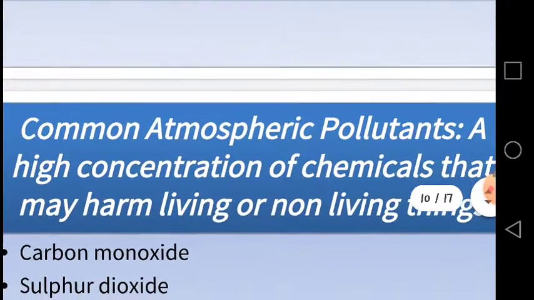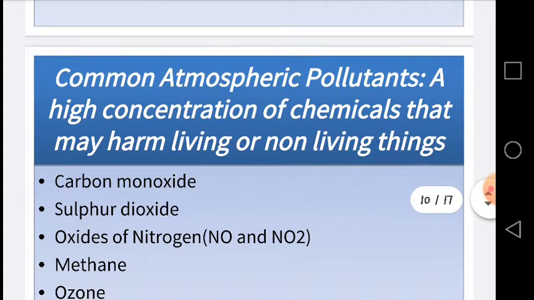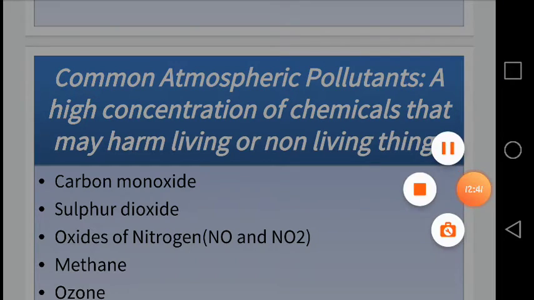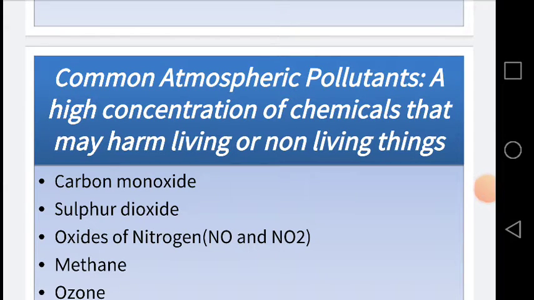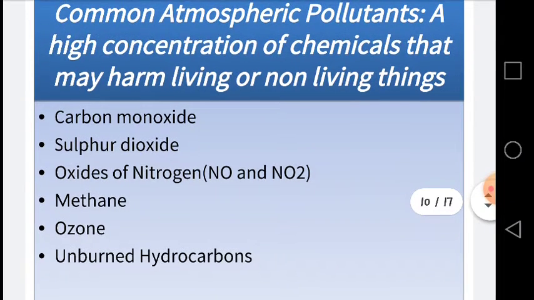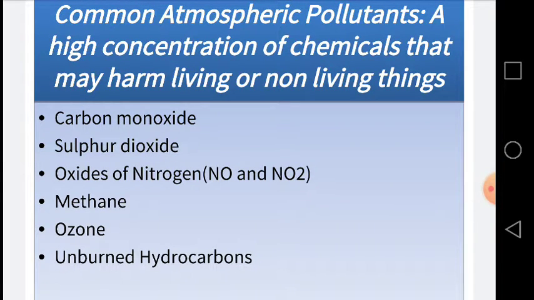Besides this, oxygen is used in making many medicines, but according to your syllabus, these are the three uses of oxygen. Now we are moving towards some common atmospheric pollutants, mentioned over here according to your syllabus: carbon monoxide, sulfur dioxide, oxides of nitrogen, nitric oxide and nitrogen dioxide, methane, ozone and unburned hydrocarbons.